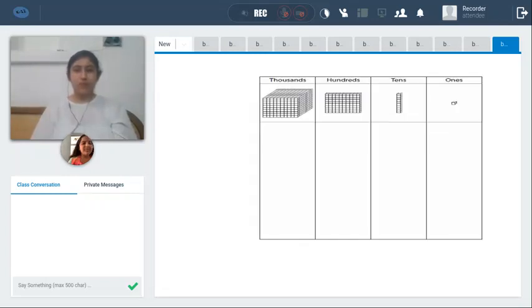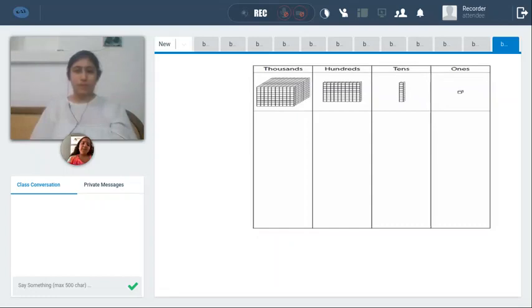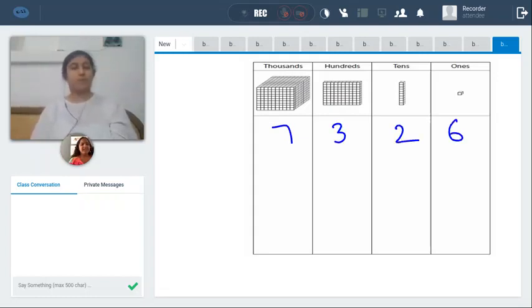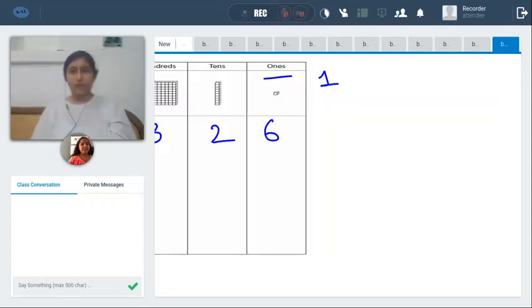You see the image? Yes. Good. Okay, say 7,326. Yes. So what is the place value at this place? 1. Good. At this place? 10. Good. At this place? 100. Good.